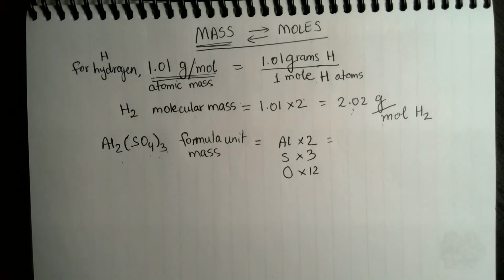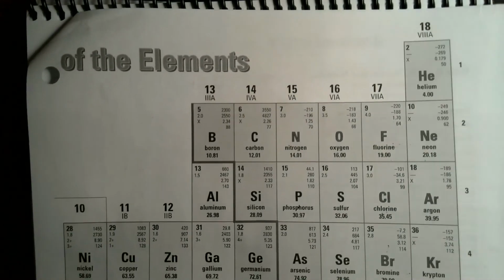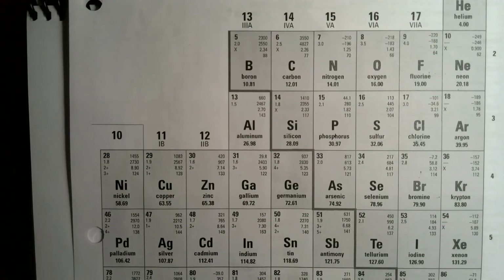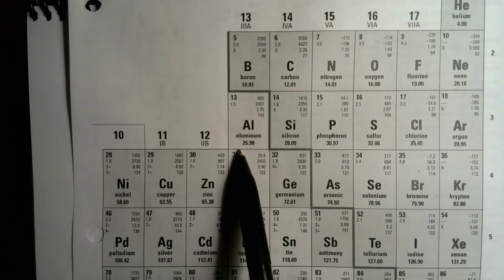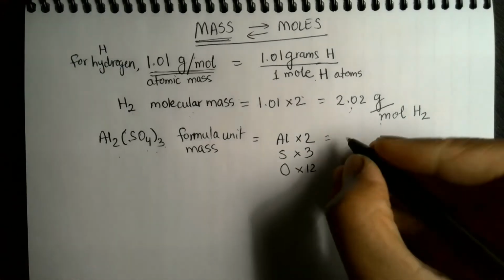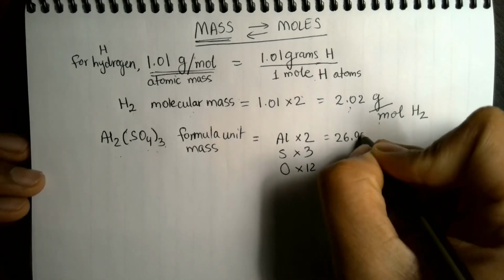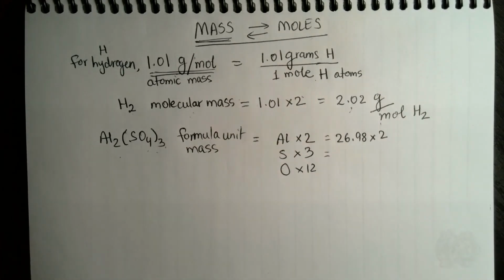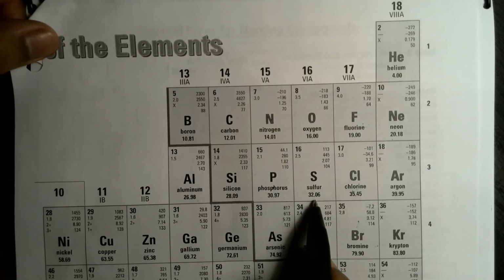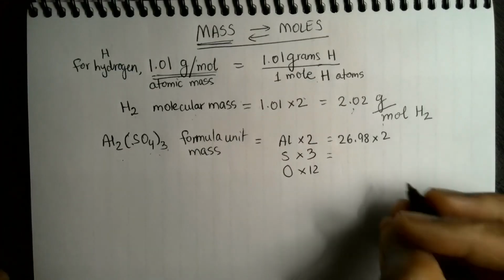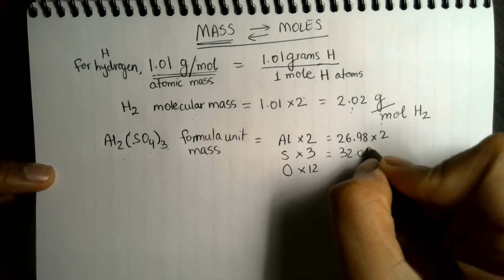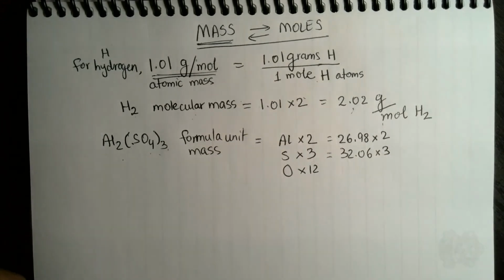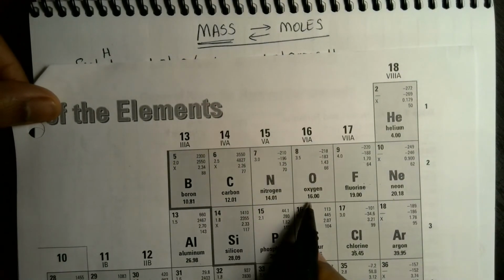So you go to your periodic table and find those 3 atoms. Find aluminum there, 26.98. The atomic mass of aluminum is 26.98. Since you have 2 of them, we'll multiply that by 2. That of sulfur is 32.06 times 3, and that of oxygen is 16.